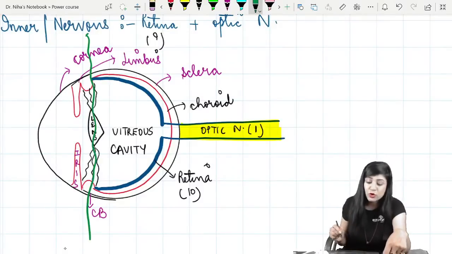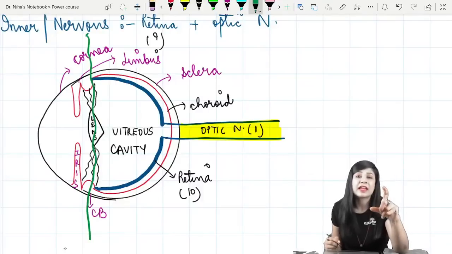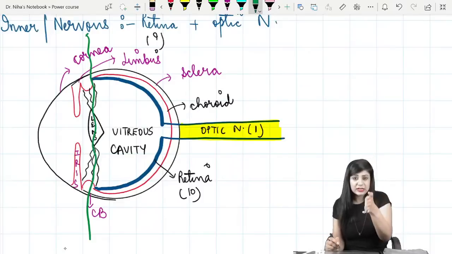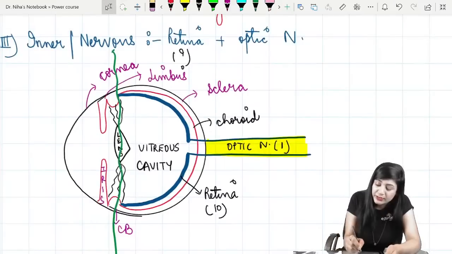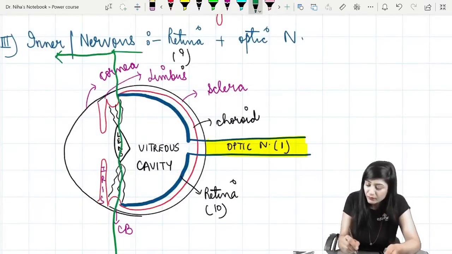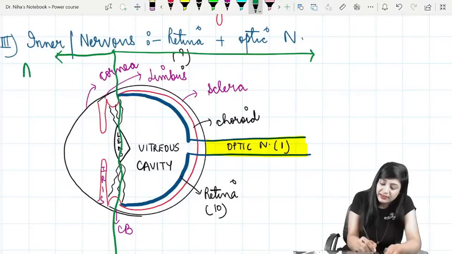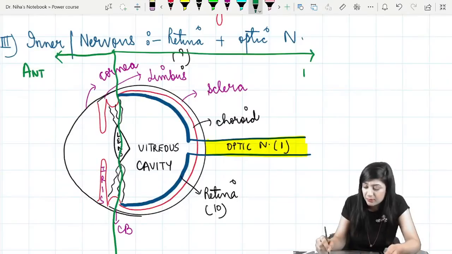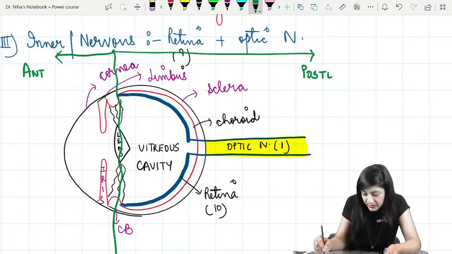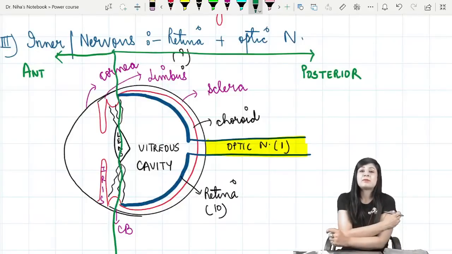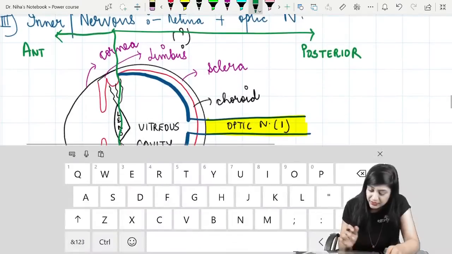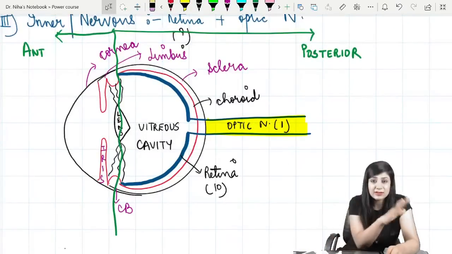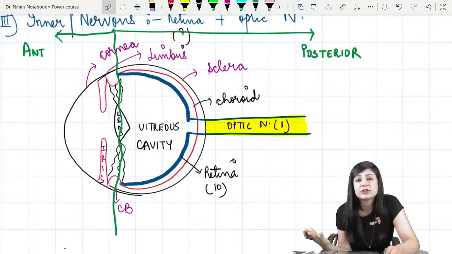So if I draw an imaginary line passing through the lens, I can divide the eyeball into 2 segments like this. Anteriorly will be the anterior segment and posteriorly the posterior segment. Anterior segment is anterior to the lens, posterior segment is posterior to the lens.